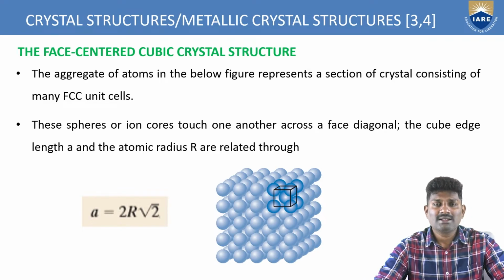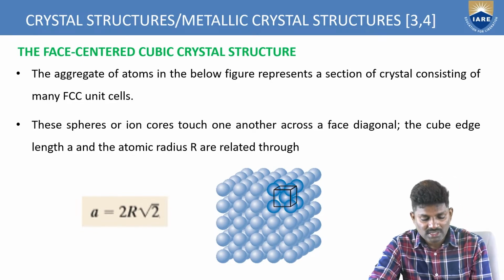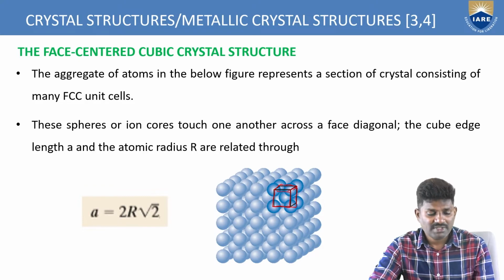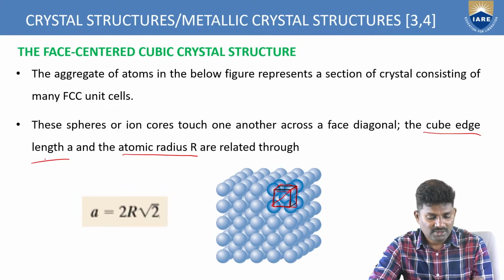And again, if you want to calculate the atomic radius as well as the cube edge length, there is a relation between the length of the cube and the atomic radius for the FCC crystal structure. So this is the unit cell for the FCC. Here we have the atomic radius R as well as the cube edge length a.